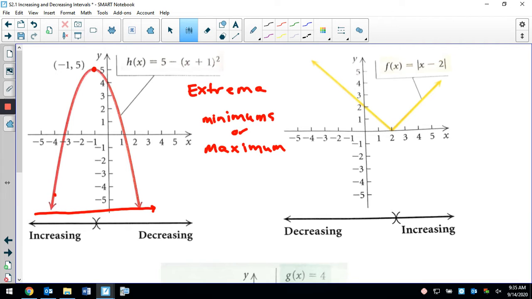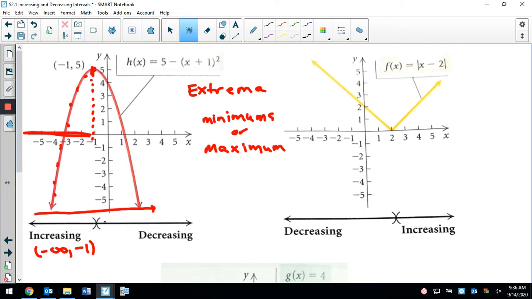So if you're walking along the path of this parabola, you are increasing in height until you get to this point here. So the increasing interval is from -infinity to -1 on the x-axis. That is the part of the graph that is increasing for this parabola.